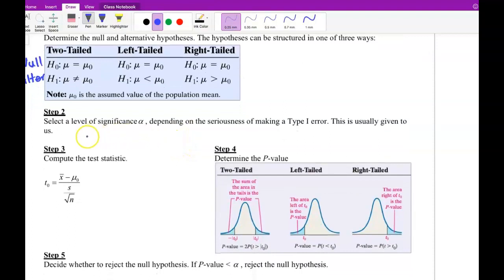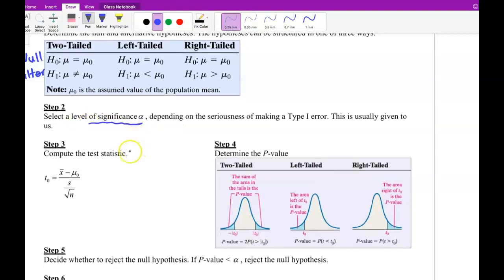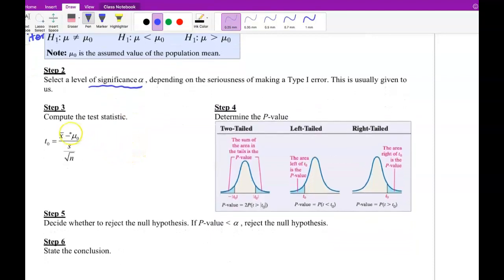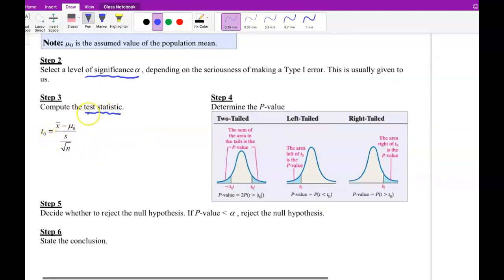Then step 2, we should find what alpha is, and alpha was the level of significance. Step 3, finding T0, or in other words, compute the test statistic. We also had to compute the test statistic and find Z0. In this case, we have T0, so this is the T distribution.